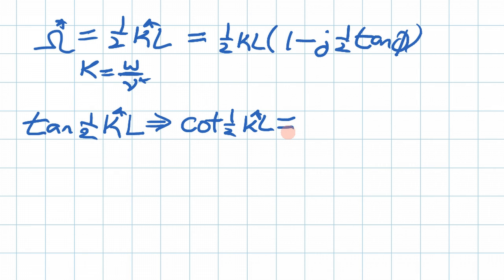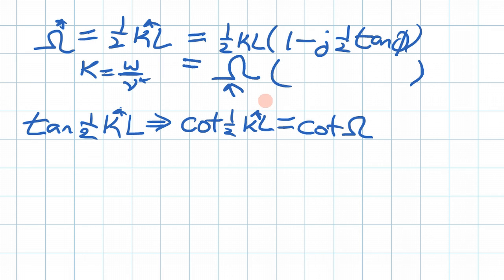If you do some Taylor series expansion type of stuff, we end up getting this. Oh, and remember this was that number. So we end up getting a cotangent, and this is right. And this is equal to, over here, instead of writing that, we can just write it like this, using this number. So with that in mind, if we break this up, we end up getting these two numbers.